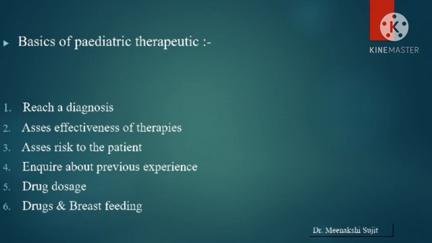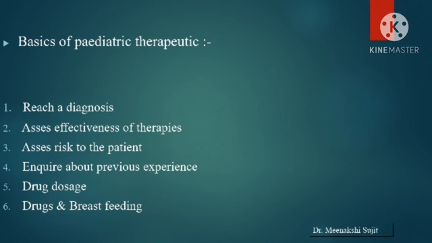Overall, the treatment therapy should be kept within these 6 points. Reaching a diagnosis means if you reach a correct diagnosis, only then can you give the correct treatment, right? If the baby is having fever and you are giving treatment for cough and cold, how will the fever be cured? So like that, if you diagnose correctly what the baby is suffering from, then the line of treatment will be correct and you will get 100% results.